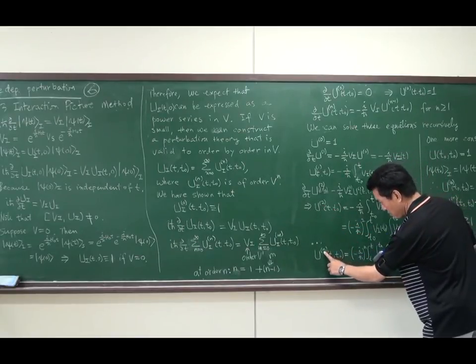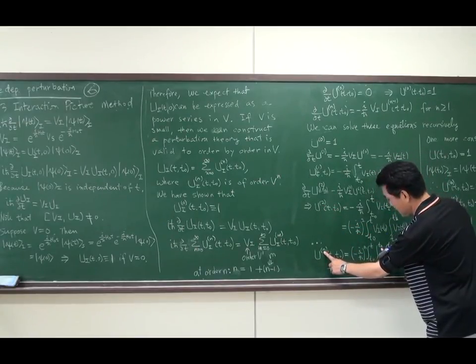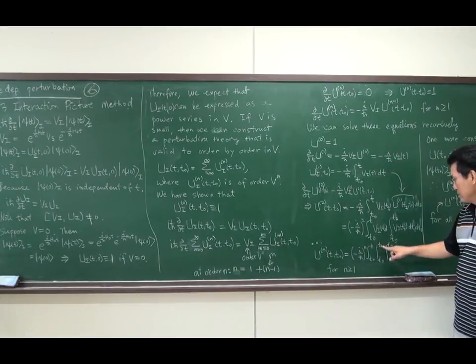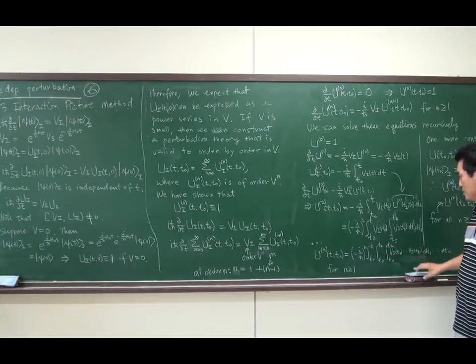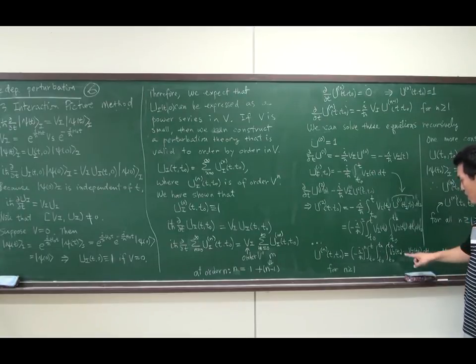If it were n, I should have tn, tn minus 1, n minus 2, and so on, and this ends up with t2, not t1.